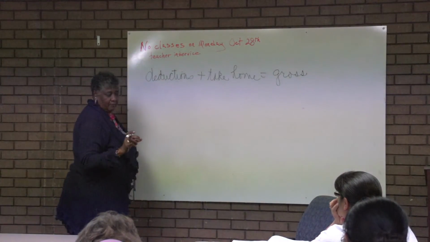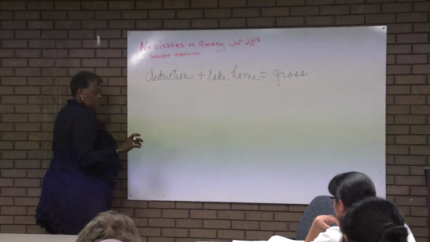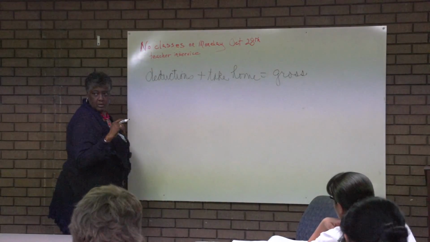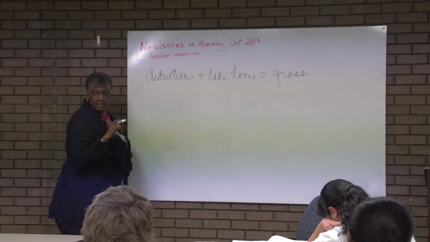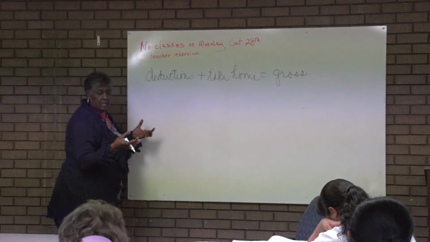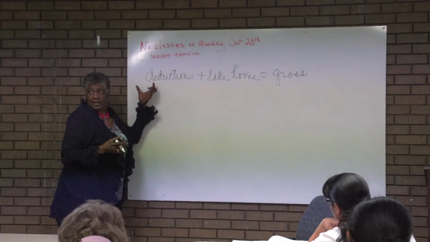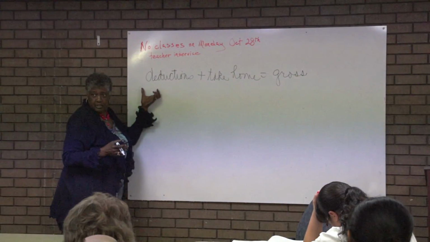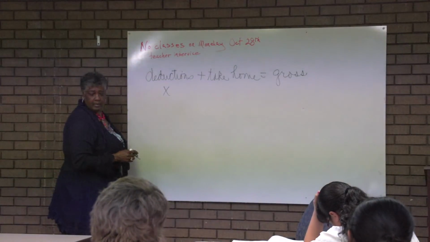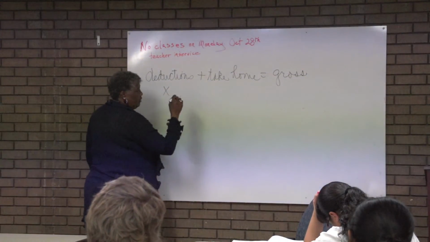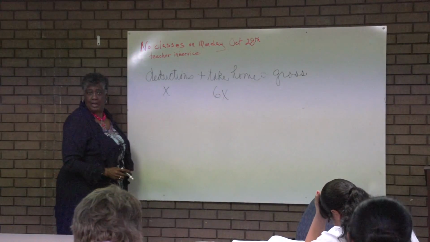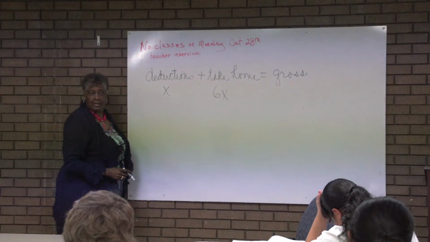What does it tell us in the first part of the sentence is the deductions and the take home? They take $1 from every $6 you make. So the $1 is the deductions, that's your X. Your take home is 6X, right?